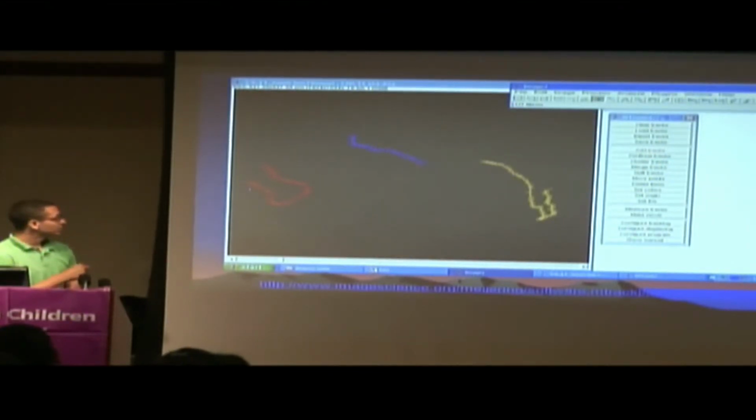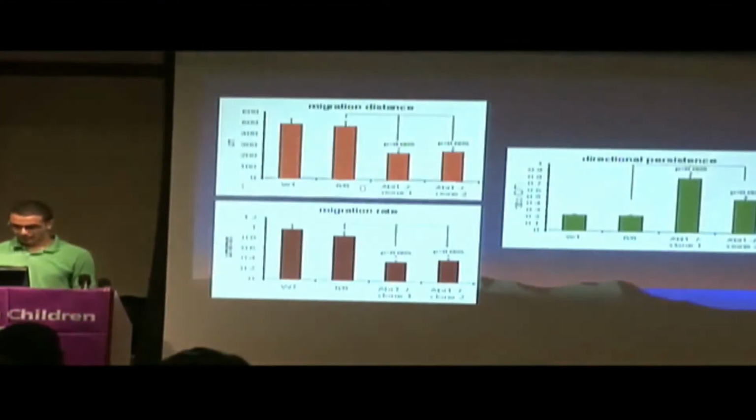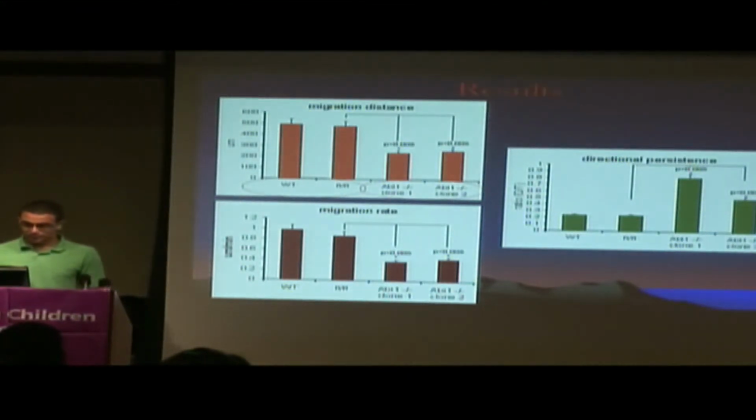So the migration rate would be how far it went and how long the time. The migration distance would be from A to B, just this distance, not going around. And the directional persistence would be the translocation over the actual length that it went.